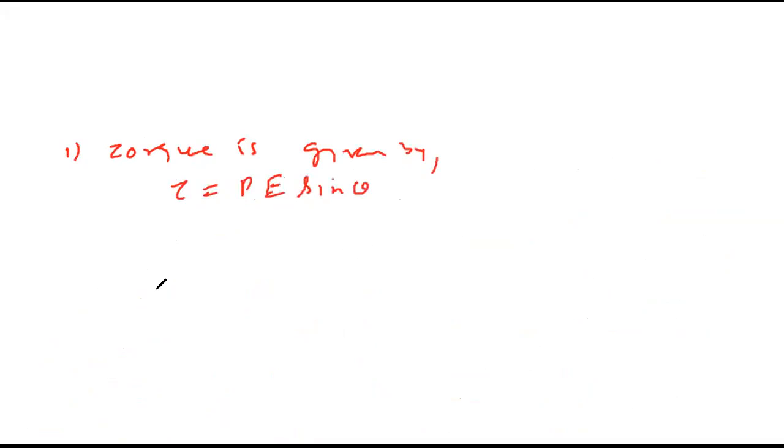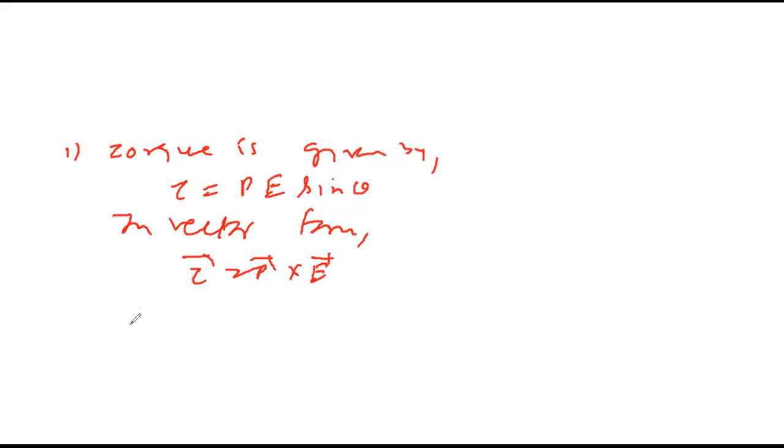Define torque. So first answer, torque is given by tau equals P E sine theta. So we'll say it is defined as the product of electric dipole moment and field, or if you write the formula directly then also it is okay. In vector form, tau bar is P bar cross E bar.